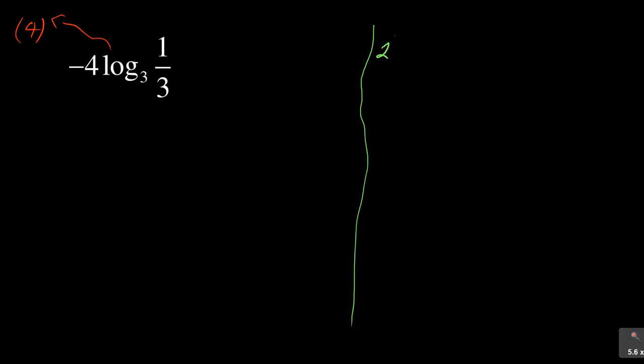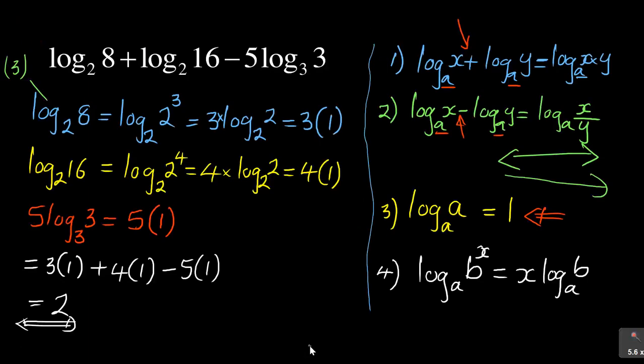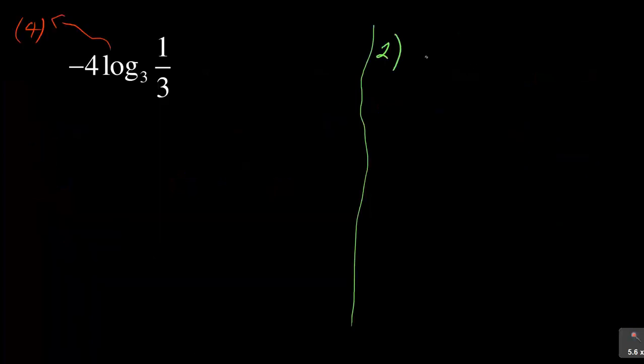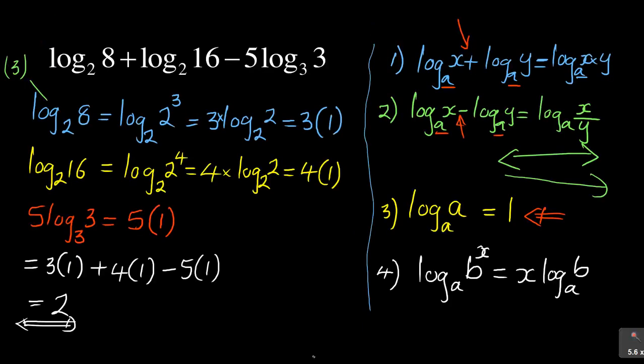I showed you law number 2, and law number 2 was saying, if I go backwards, log x in base a minus log y in base a is equal to log of x over y in base a. So if I write log in base a of x over y is equal to, you can see that now I'm writing law number 2 from right to left.